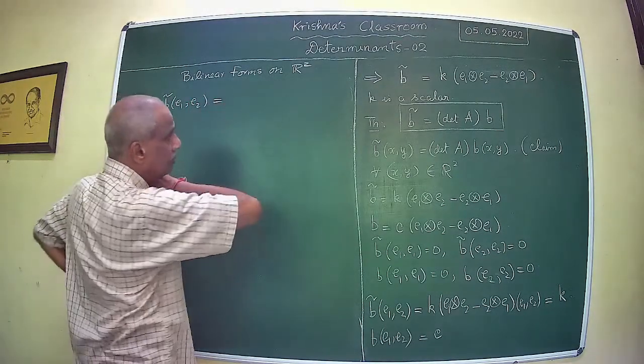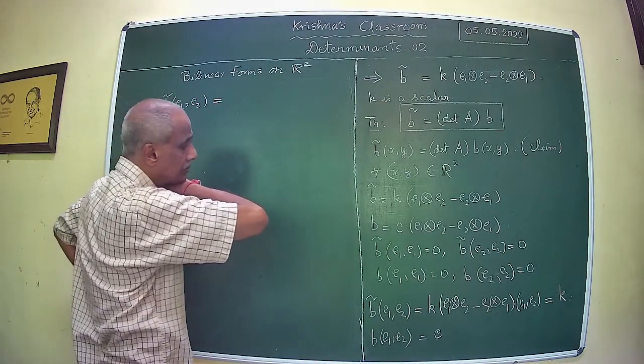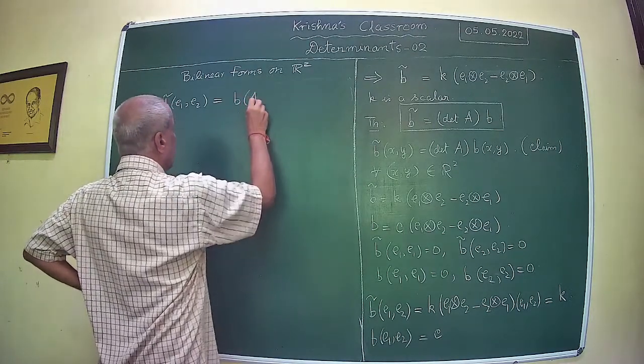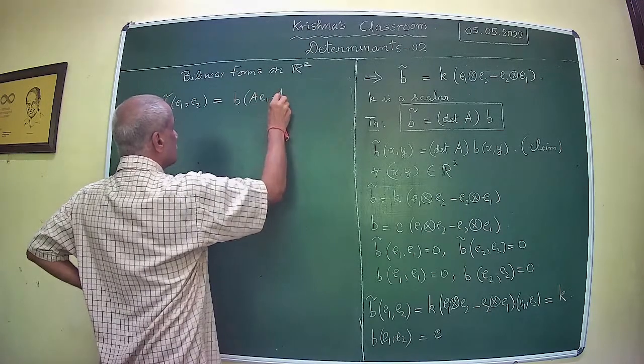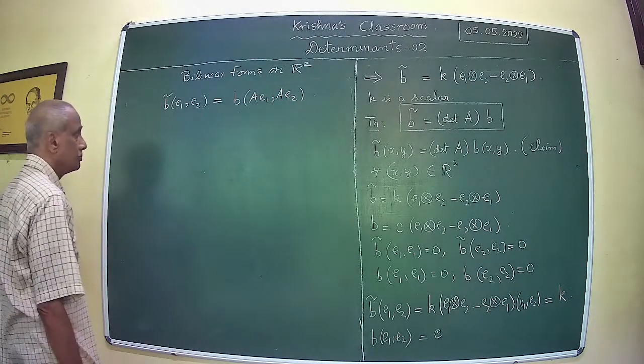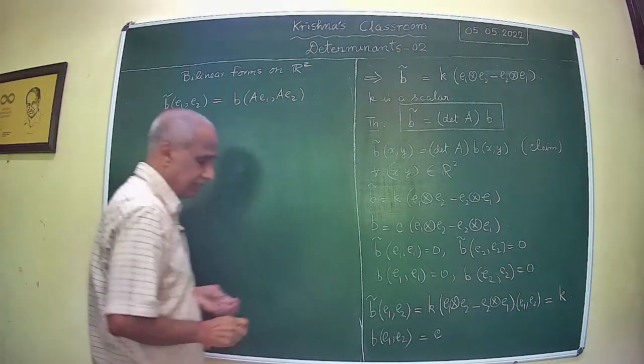This is equal to, by definition, B of A E1 A E2. This is equal to B of, what is AE1?